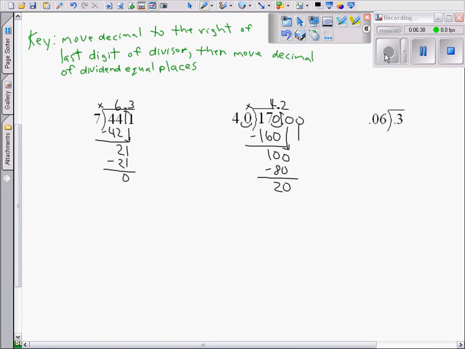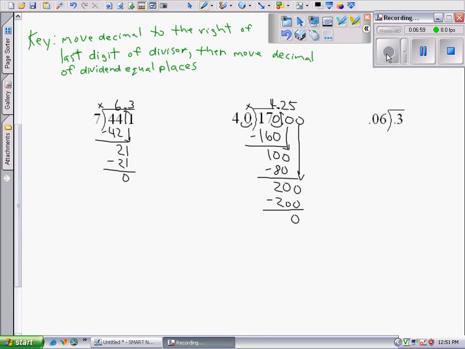Once again, add a 0, bring it down. 200 divided by 40 can be divided evenly, and that is 5. 5 times 40 is 200. Subtract 200 from 200 and we get 0. Our answer is 4.25.